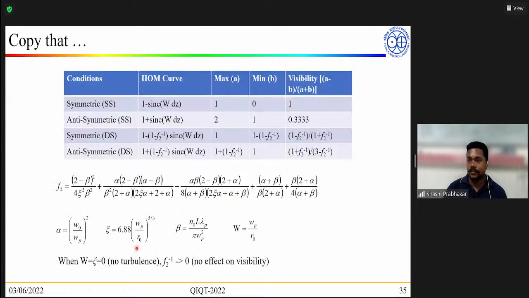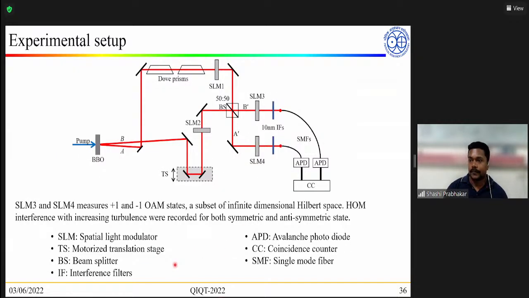Finally, if we do the whole theory, you get this type of parameter, 1 minus f2 inverse, where f2 is a big parameter, and W0 by WP is alpha. You have this turbulence strength, another parameter.